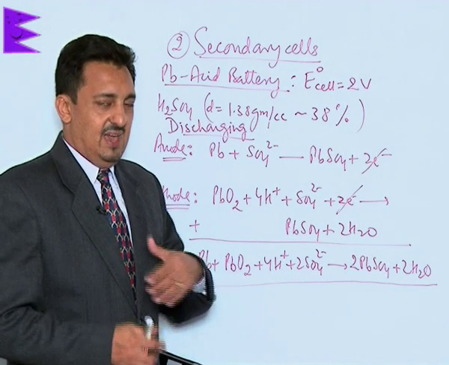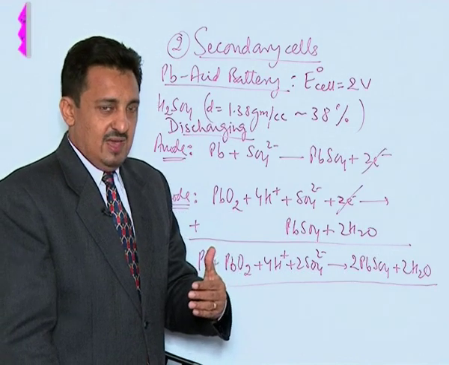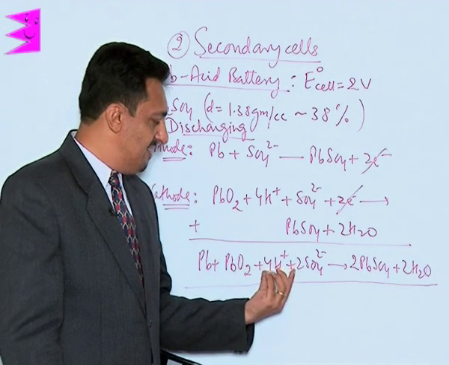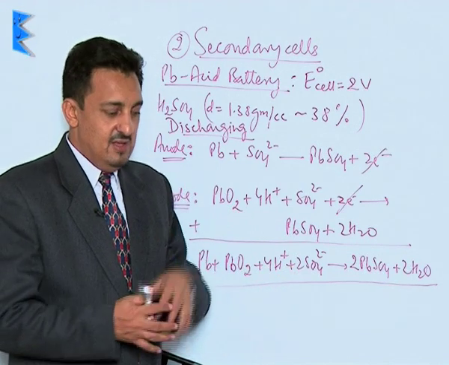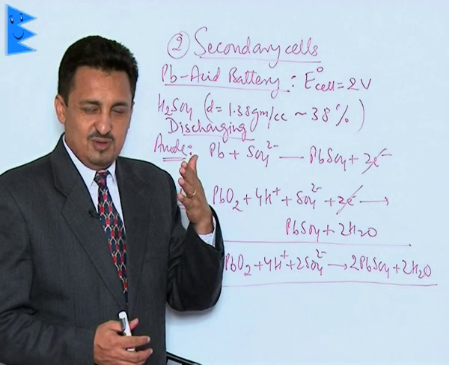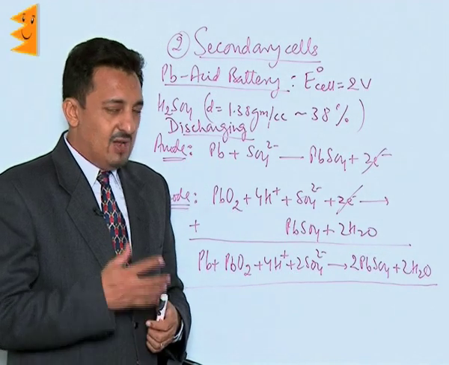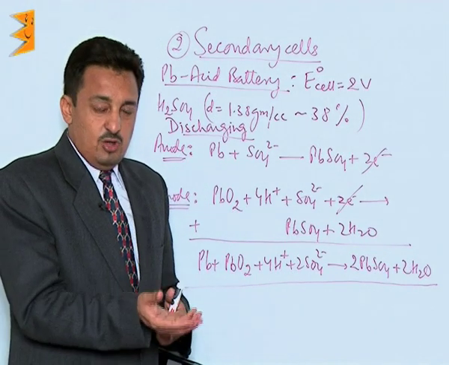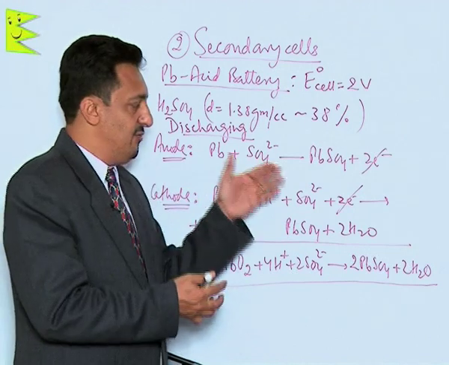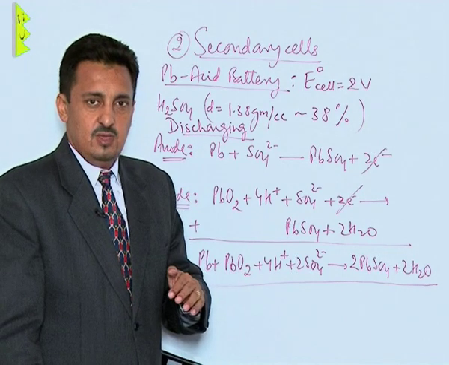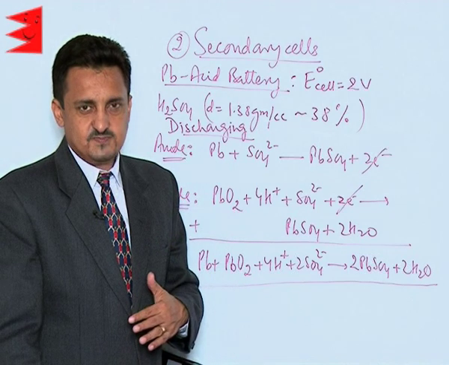See what happens. As water is produced and the main electrolyte, the H ions and sulfate ions, are consumed, the cell or battery shows a potential drop. Since more water is added, the density of the sulfuric acid decreases, so the potential drop takes place.